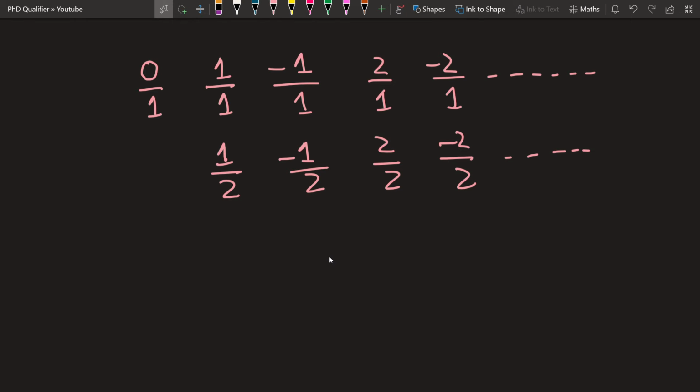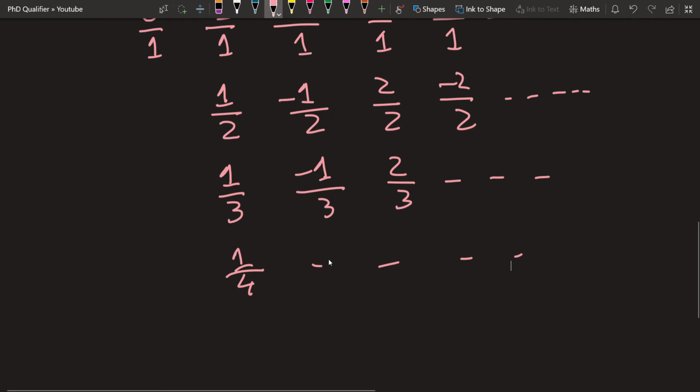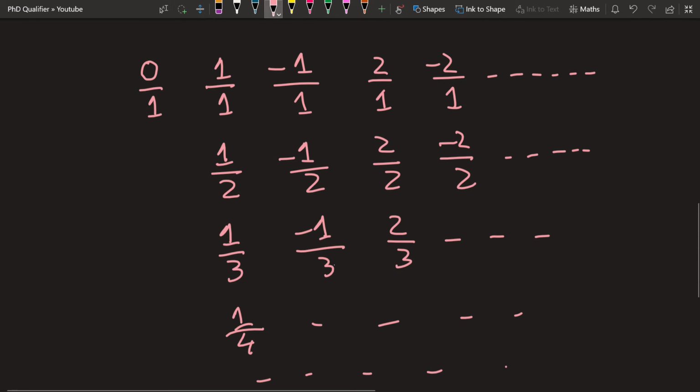And here you get the pattern. It's 1 by 3, and then 1 by 4, and this is also minus 1 by 3, 2 by 3, and so on. This list goes on. And as we previously followed the spiral counting technique, we will use exactly that.